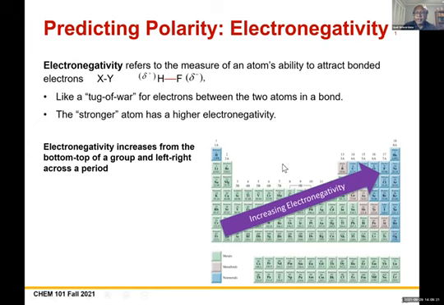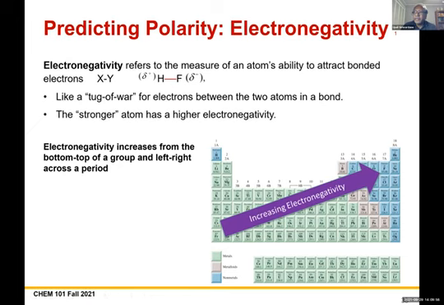If you look at the periodic table, if you go down a group, electronegativity decreases. These numbers decrease. If you go across the period from lithium to fluorine, it increases, up to the top right corner, except we are not talking about noble gases. They don't make bonds, therefore they're not considered here.